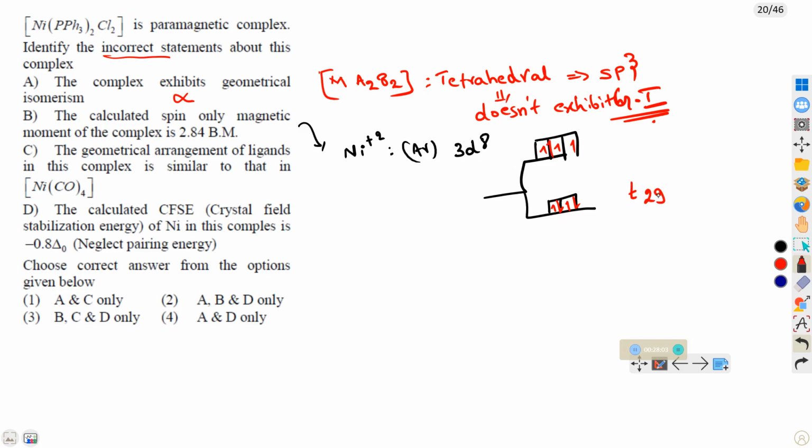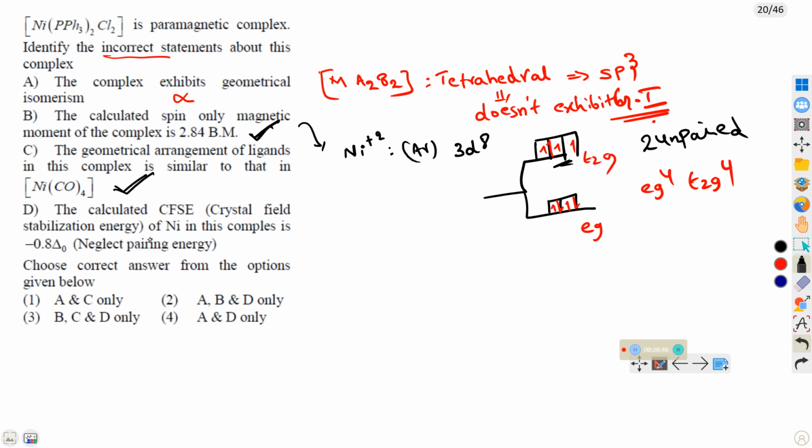That means Eg4 T2g4. Here how many unpaired electrons are present? 2 unpaired electrons are present. So mu value is 2.82. Correct. The geometrical arrangement of ligands in the complex is similar to that in Ni(CO)4. Yes, both are tetrahedral complexes. That's the reason this statement is also correct.